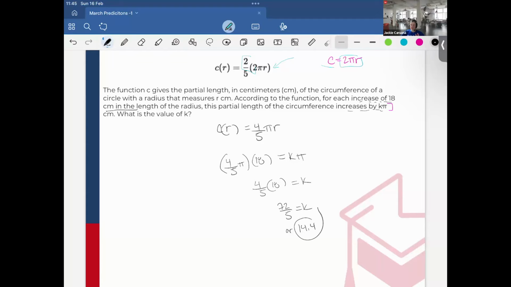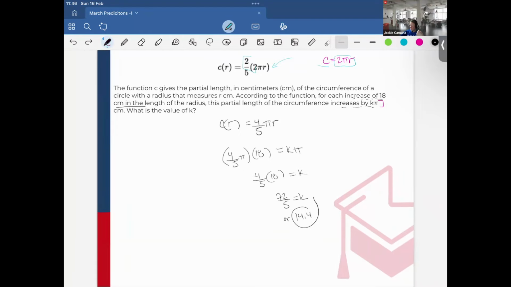So in summary, this is showing that there's a constant rate of change, which is the 4/5 pi r, which means that every time the radius increases by the same amount, c of r is going to increase by the same amount. Example, if I did it again, 4/5 pi by double the amount, that would be 36.